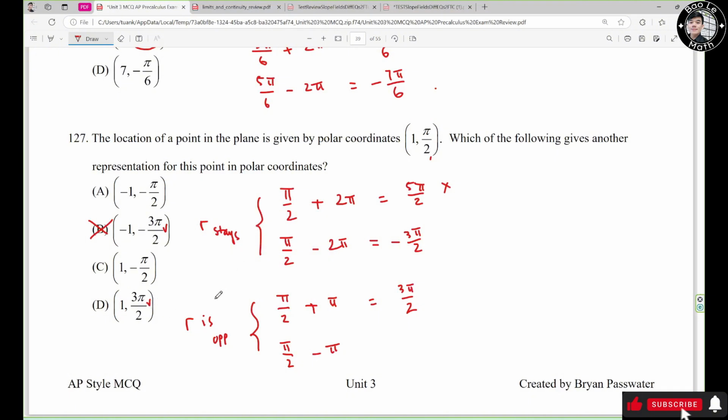But the radius is opposite. The radius is 1 here, it becomes negative 1, but it's still 1 here, so this is not the right answer. Now, this one becomes negative pi over 2. I got this one and this one, but the radius is opposite, so it becomes negative 1. So this is not the right answer. The answer must be A.